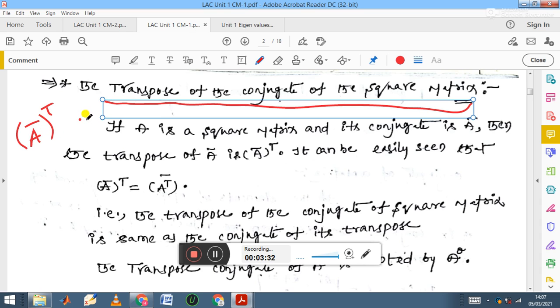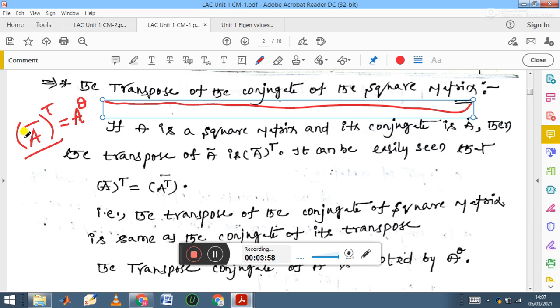This notation represents the conjugate transpose of a matrix. First you take the conjugate, then the transpose: A bar whole transpose or A transpose whole bar. For this we give a special notation, A power theta.